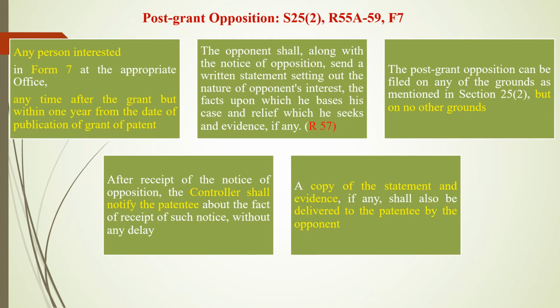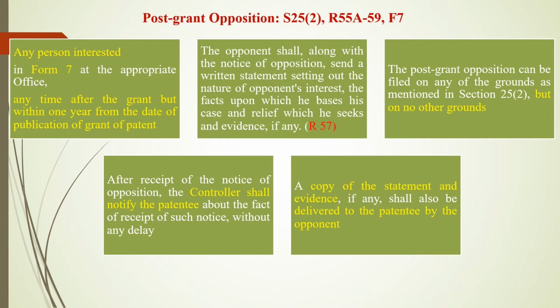Rule 57 says the opponent shall, along with the notice of opposition, send a written statement setting out the nature of the opponent's interest, the facts upon which he bases his case and the relief which he seeks, and evidence, if any. The post-grant opposition can be filed on any of the grounds as mentioned in section 25 subsection 2, but no other grounds. That is also valid in the case of pre-grant opposition.